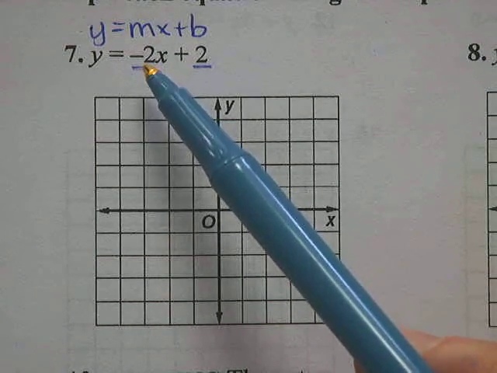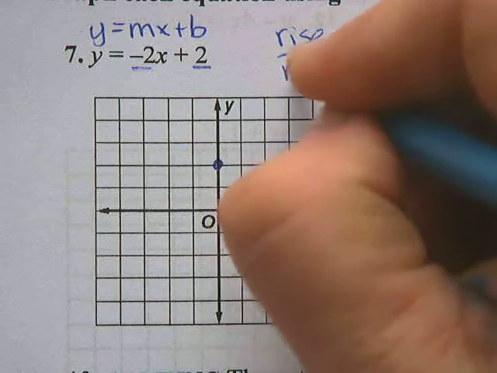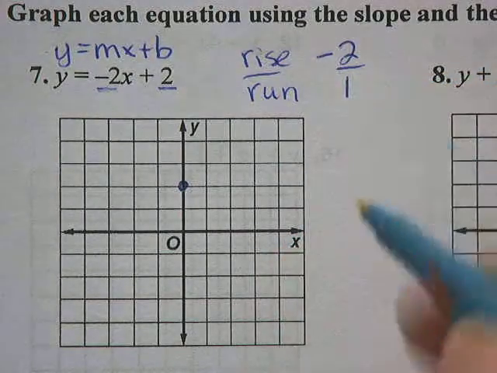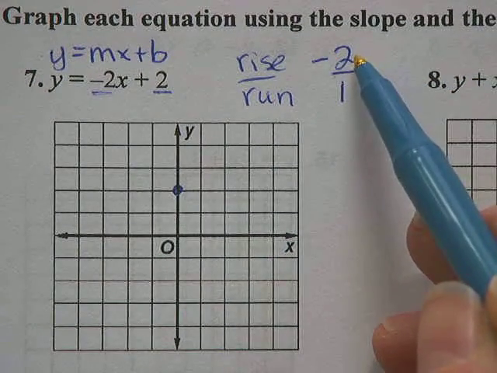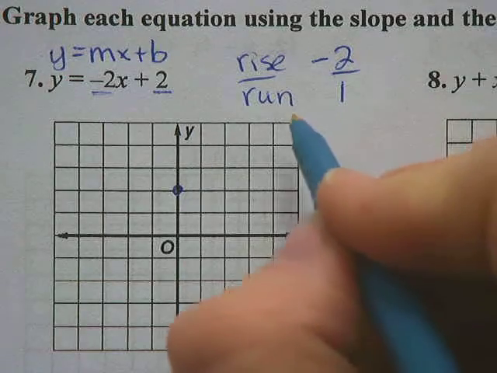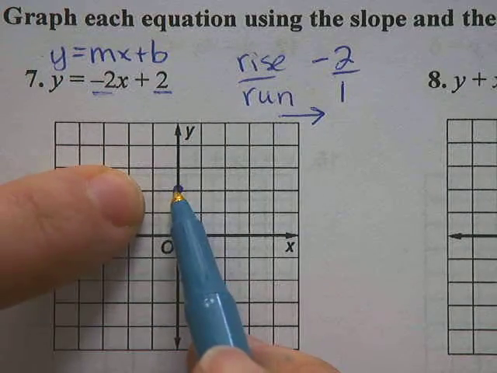Then from this point we're going to calculate a slope of -2. Well, remember, slope is rise over run. So if our slope is -2, that means that we are rising -2 and we're running 1. And we're always going to run to the right.